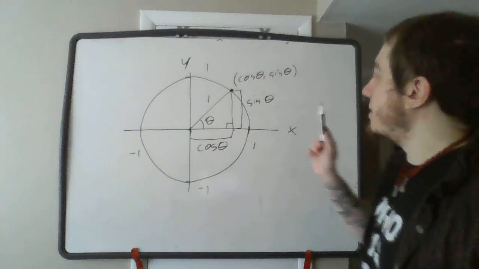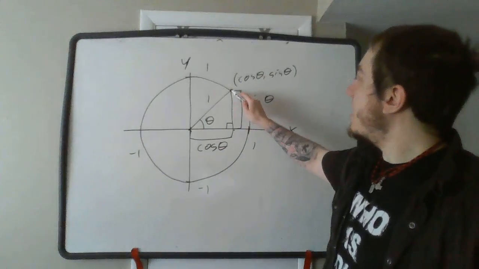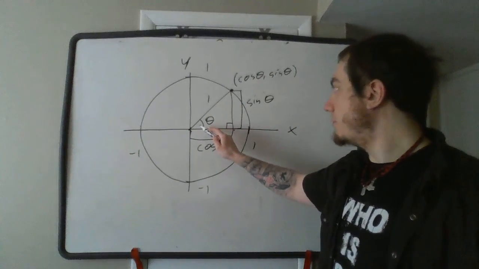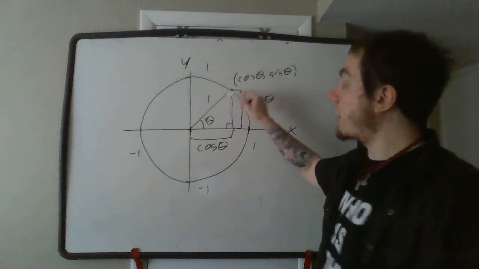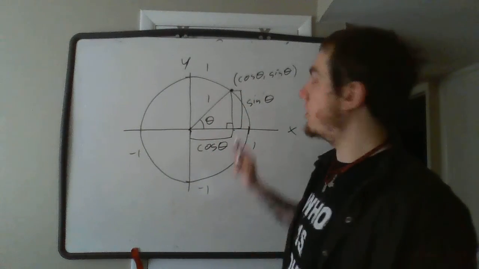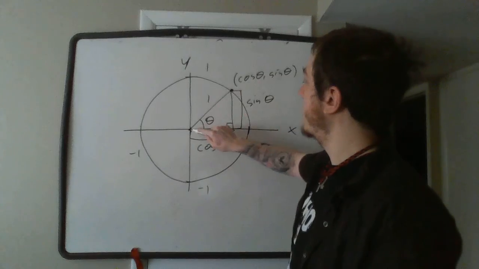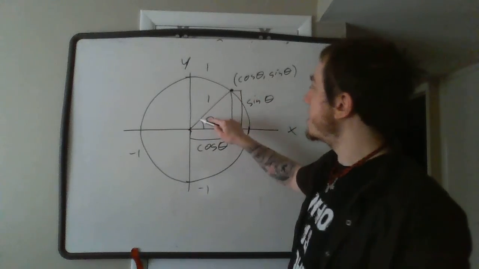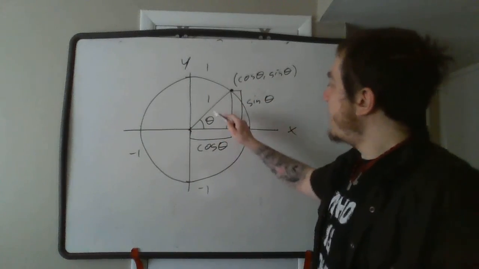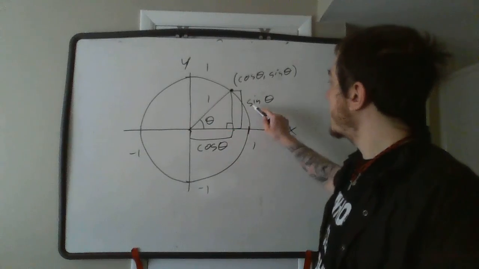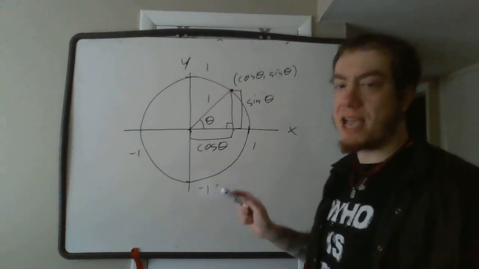So this is very interesting. It tells us that if I have a right triangle inscribed inside the circle like this with the hypotenuse being a radius, then the base is cosine theta and the height is sine theta.